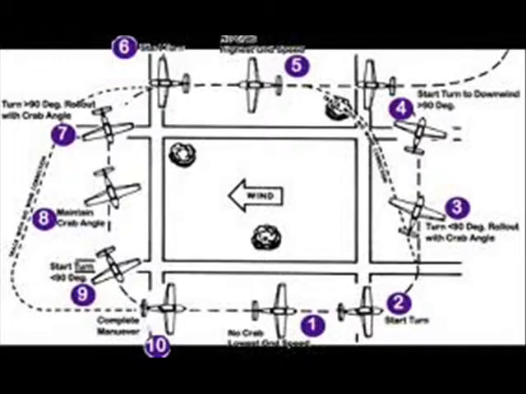So again, if we do not do anything, that segmented dotted line shows the course. If we do our crab, it'll show the crab, and it'll show the ground track that we need to take in order to have this maneuver down and working properly for the student.